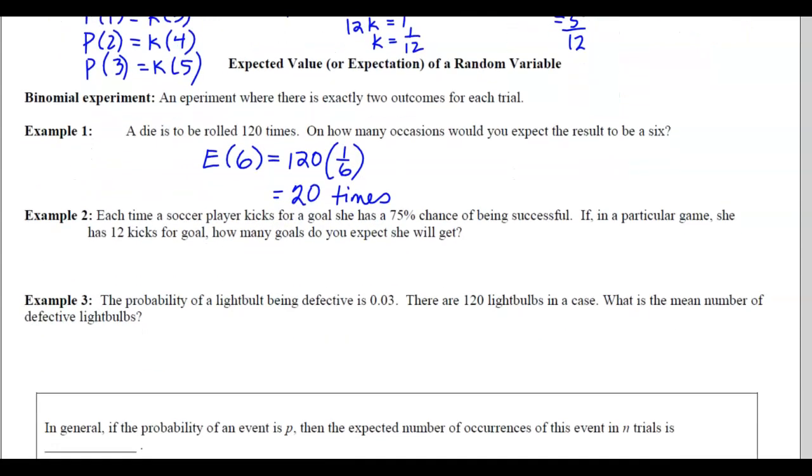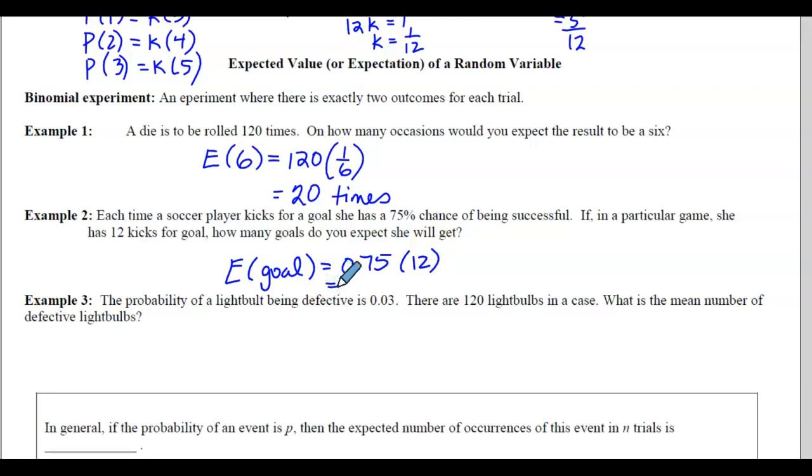Another one: each time a soccer player kicks for a goal, she has a 75% chance of being successful. If in a particular game she has 12 kicks for a goal, how many do you expect? Same thing. The expected value of goals would be 75% as a decimal multiplied by 12.